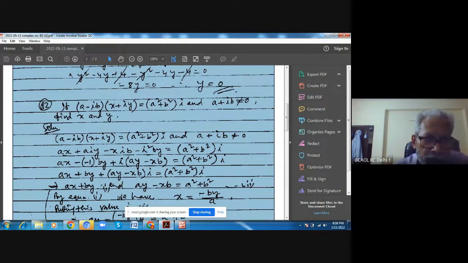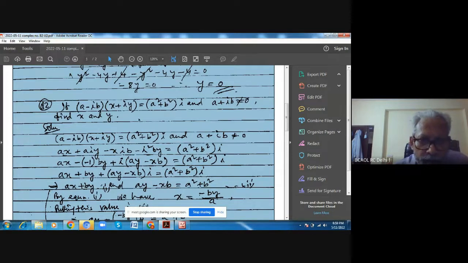But b is included. b is the imaginary part, and here y is also an imaginary part. So a and x don't matter. We are not very worried about the a and x values, but we have to worry about b and, in this case, y.